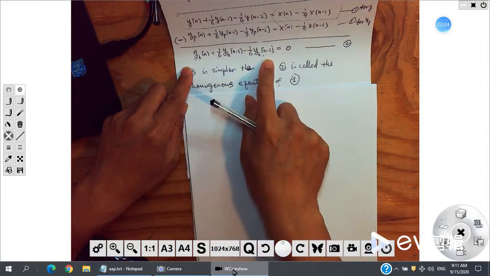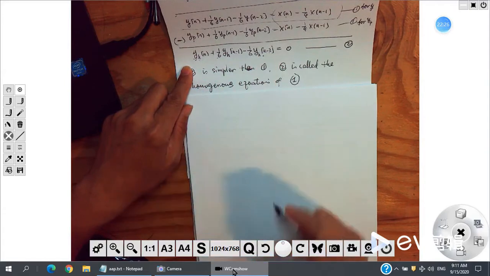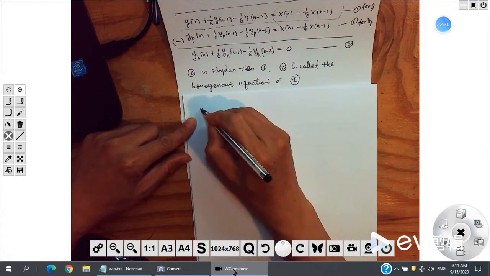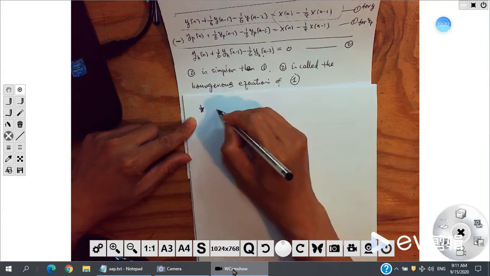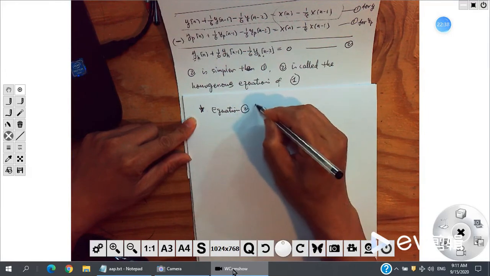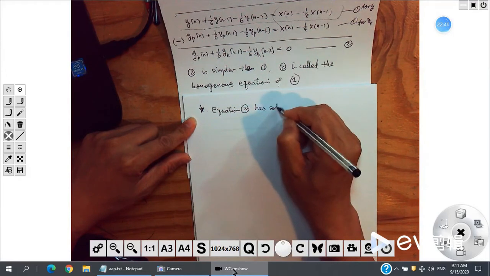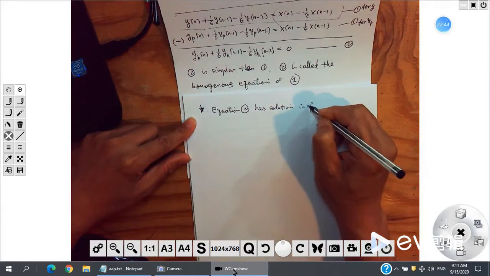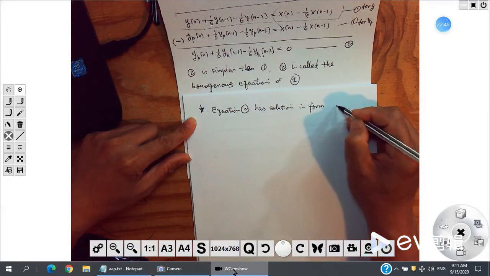But now we know the method. The method is like this, I described here. Equation 2 has solution in form some lambda to the nth.